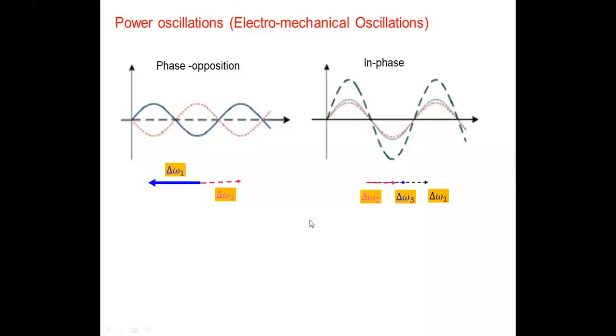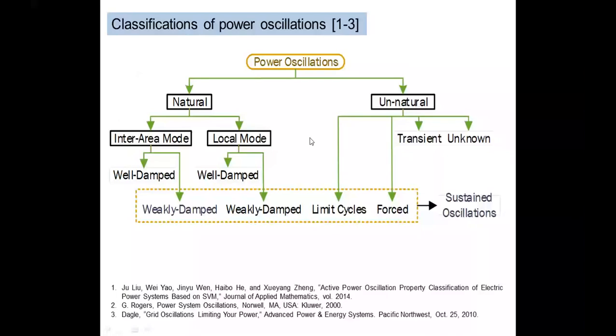Next, this slide tells you how we have the classification of power oscillations, and we have referred to some literature which is available. Power oscillations can be natural, because of some natural behavior, or due to some controller gain setting, an operating point change, or the network property.